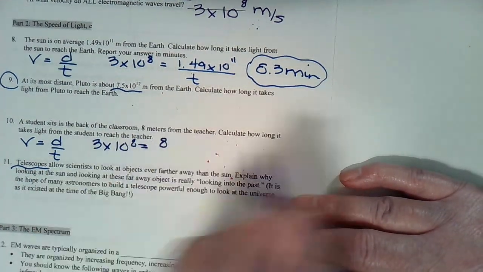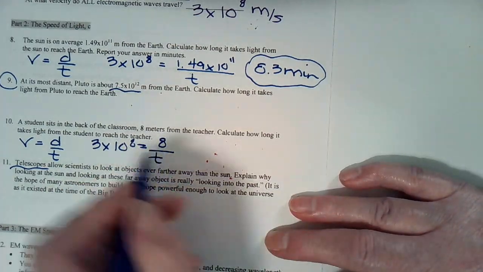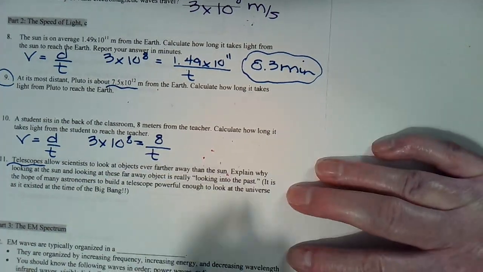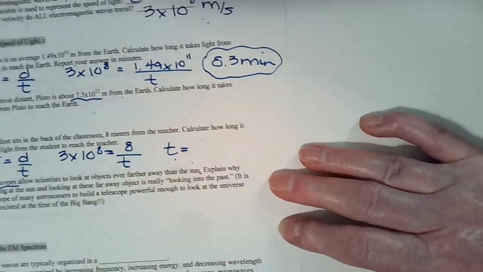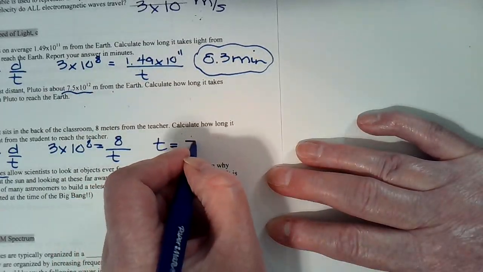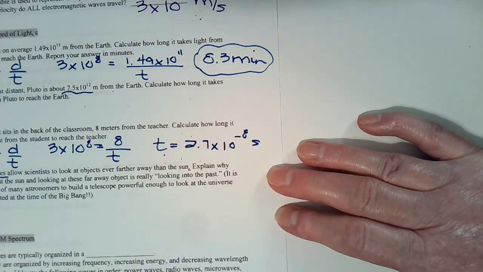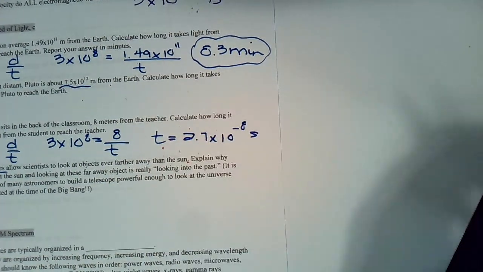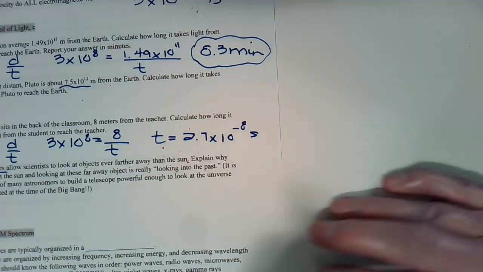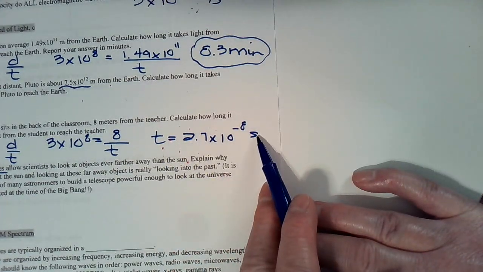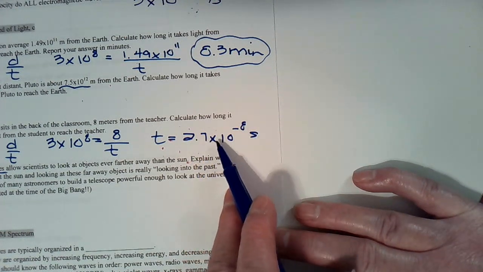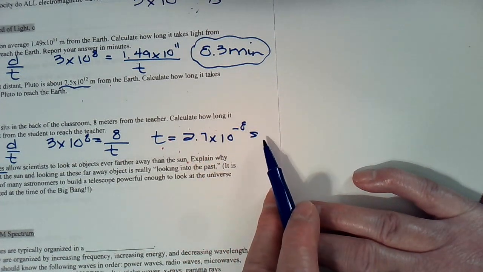So we'll say 8 meters away and we'll calculate the time. And I calculated this already. The time turns out to be 2.7 times 10 to the negative 8 seconds. So light from the student in the back of the room hits my eye practically instantaneously, but technically 2.7 times 10 to the negative 8 seconds.